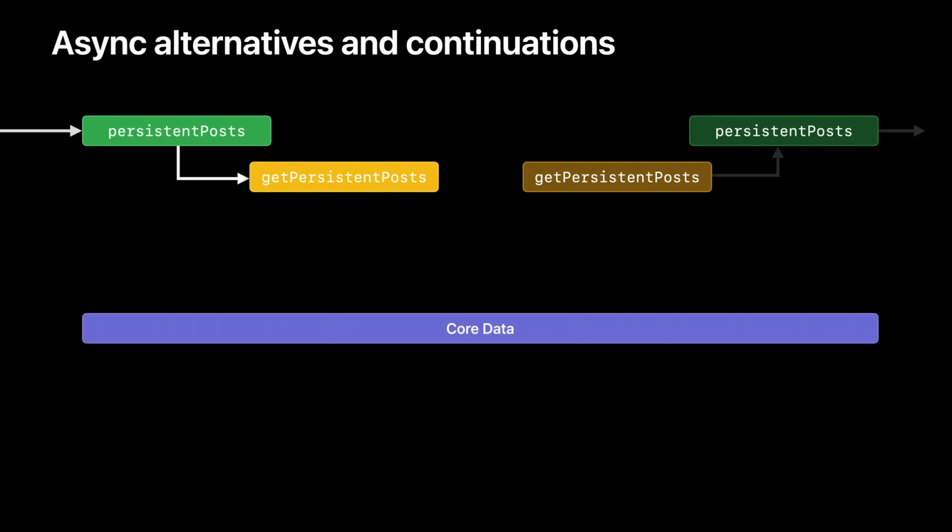Earlier, Nate showed you how Swift and the system cooperate to take care of resuming async code for us. Let's dive a little deeper into how this suspend-resume process works to see if we can come up with a similar solution for our problem. When the async version of persistent posts is called, it calls into core data.